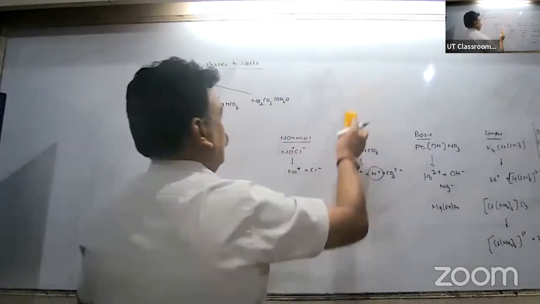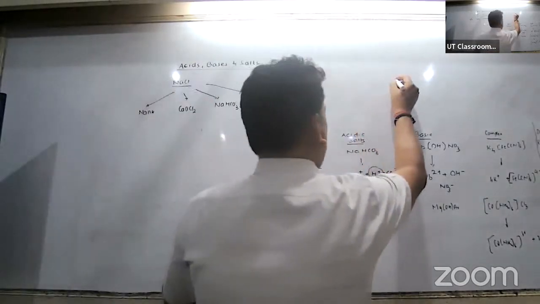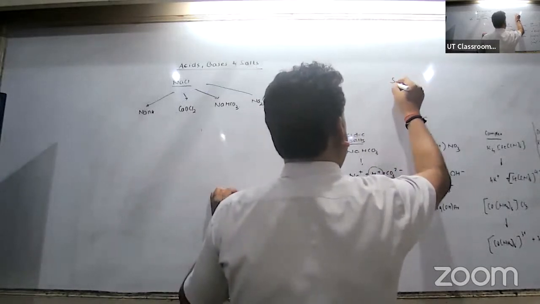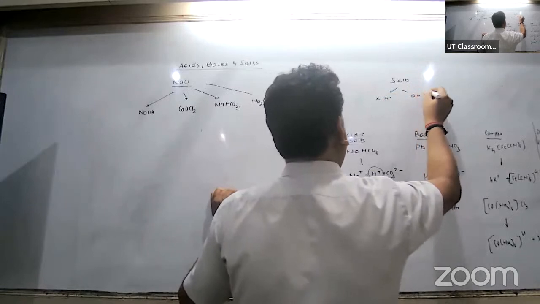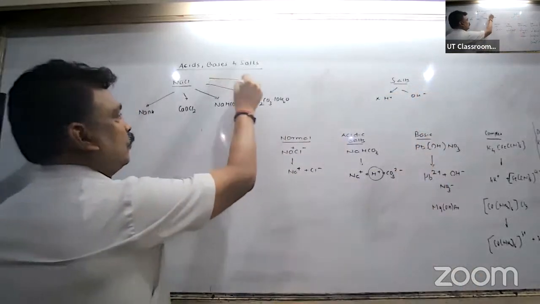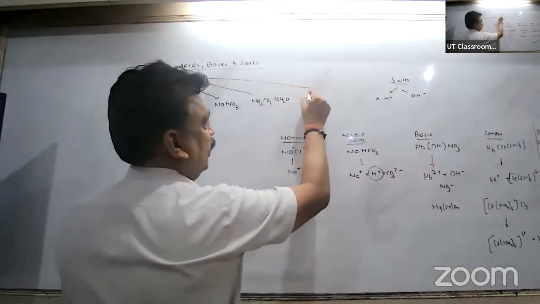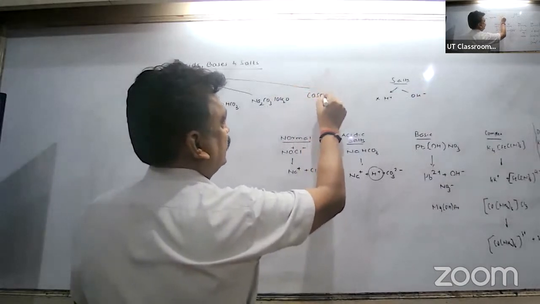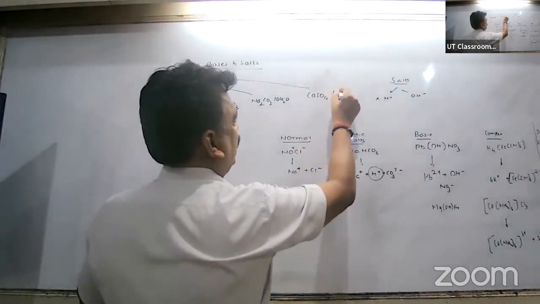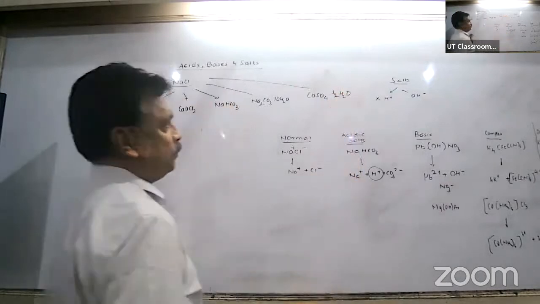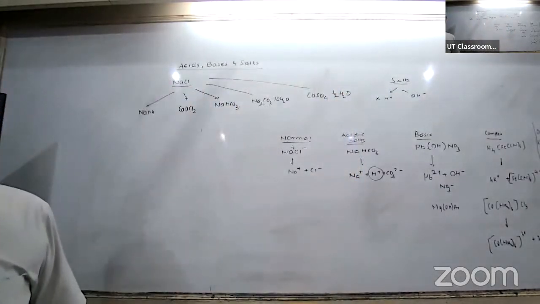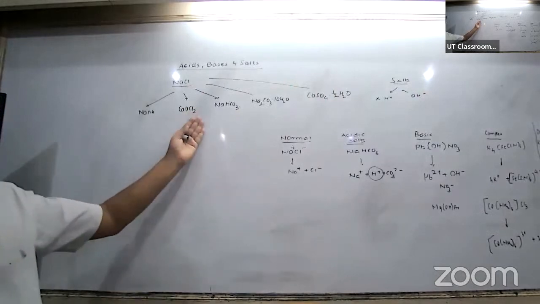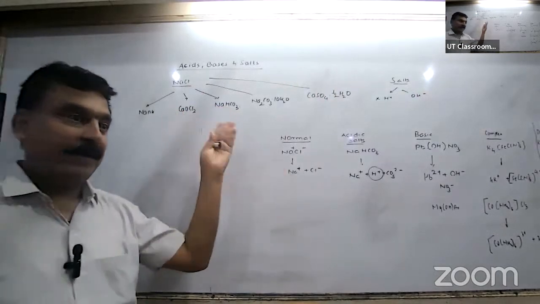Let me write it here for a minute. Then after sodium carbonate, we have plaster of Paris. What is plaster of Paris? CaSO4 half H2O. So yes, we get some compounds from the salt directly or indirectly, where one of the reactants is used, and finally we prepare the salts.